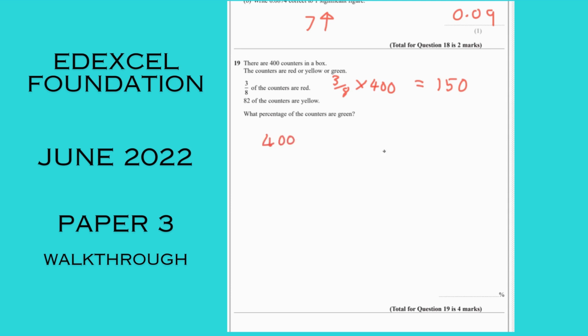So 400, take away the 150 red, take away the 82 yellow, leaves us with 168 green counters, but it asks for percentage. So 168 out of 400 counters, that gives us the fraction which are green. You multiply it by 100 on your calculator to write it as a percentage, which in this case is 42.